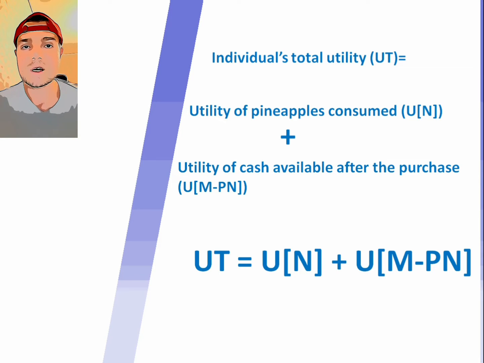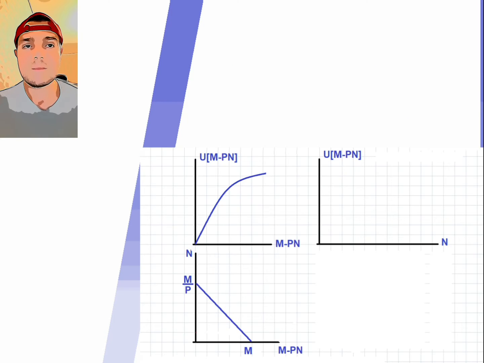Let's consider the second part. The cash balance depends on the N in accordance with the lower figure. Money utility that is depicted in the upper figure grows in accordance with the diminishing utility principle. The geometric relationship between utility of cash available after the purchase of the N pineapples and N is shown in the right figure.